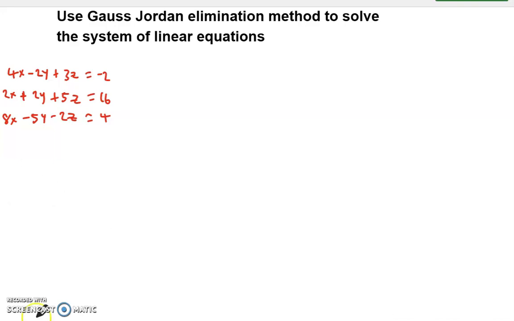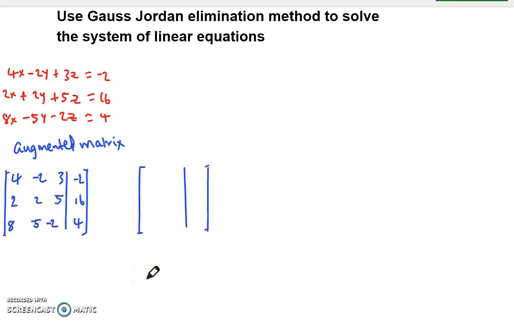So we need to write it in the form of an augmented matrix. And here we know we have got 4, -2, 3.